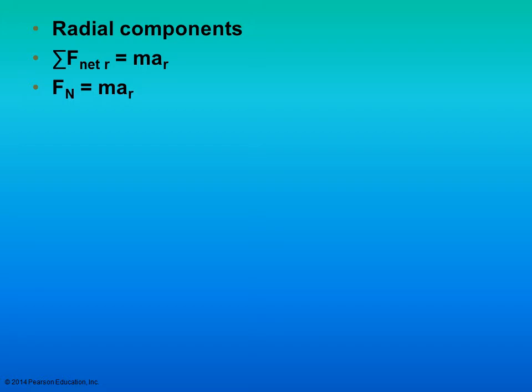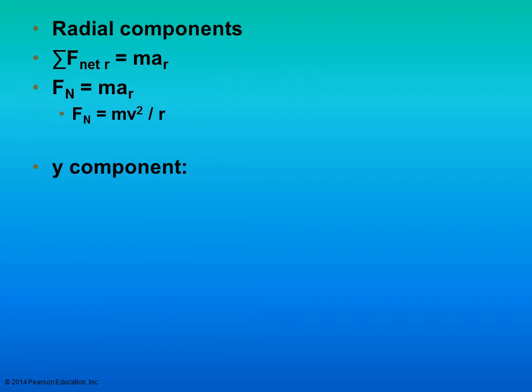According to our force diagram, the only thing in the radial or x component is the normal force. Recalling that acceleration for radial is velocity squared over r, I just substituted. So the normal force is equal to mass times velocity squared divided by radius.